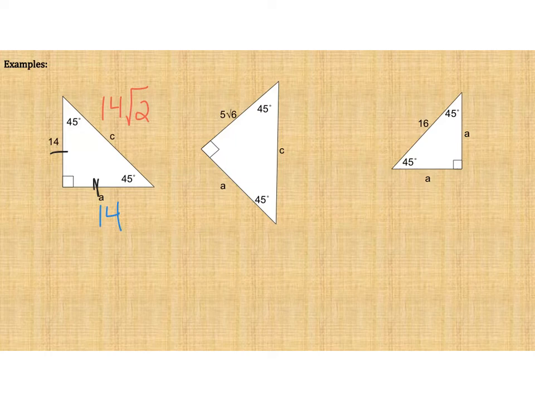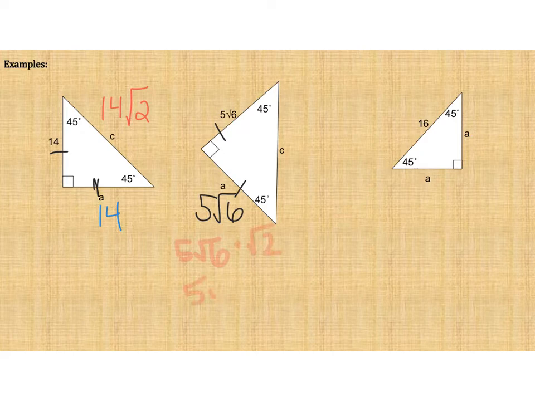You notice your legs are equal here. If one leg is 5 root 6, then A, the other leg, is 5 root 6. Now, how do I go from leg to hypotenuse? Well, you have to take that 5 root 6 and multiply by root 2.